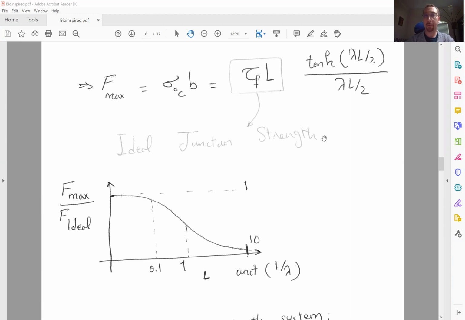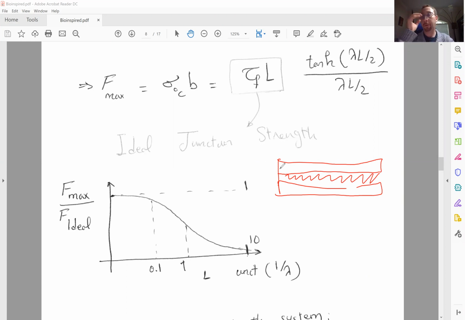I can easily plot this F max, and I can compare this with the ideal case. Now, the word ideal has to be defined, but with the background you have from carbon nanotubes that we studied, you have a good sense of it. Basically, you remember in the carbon nanotube structures as well as here, the shear stress is not uniformly distributed.